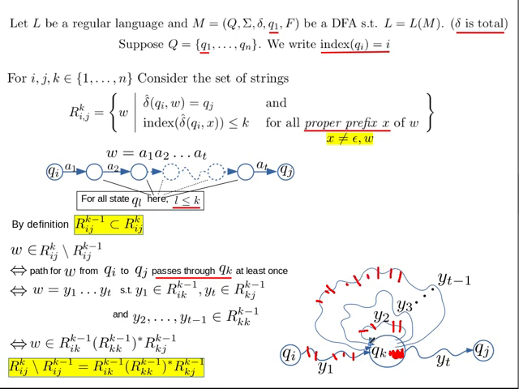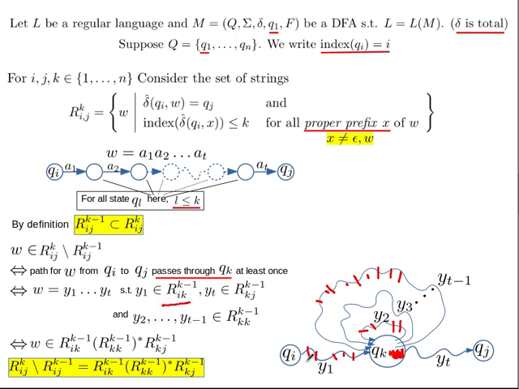Because we are explicitly marking this qk here. So everything else is of index at most k minus 1, right? So if that is the case, then you see that this y1, this part, should be in this set, right? Why?